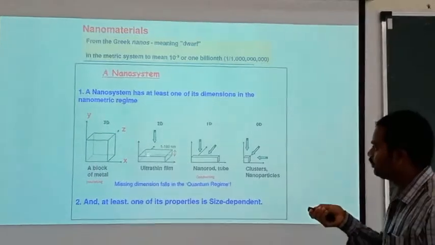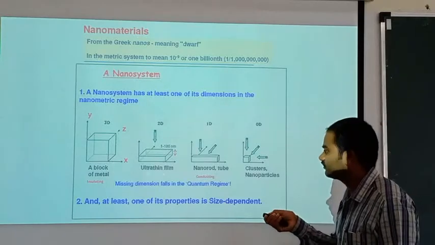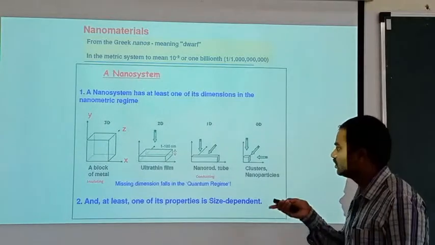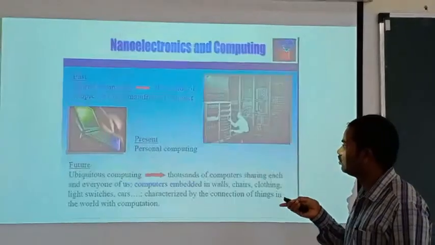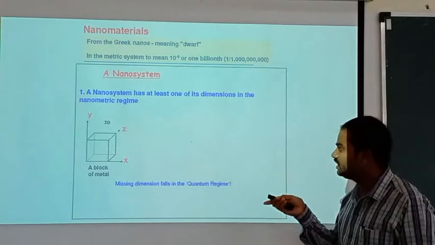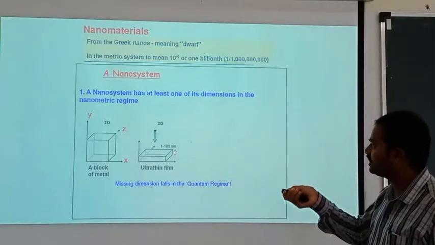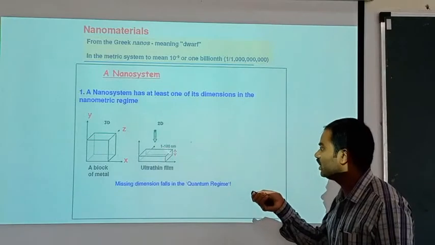Now, if you cut one single dimension and make it a thin film, you will find that this three-dimensional structure changes into two-dimensional. So this one is 3D. Now when you cut down one axis, the z axis, it has only 2 dimensions.